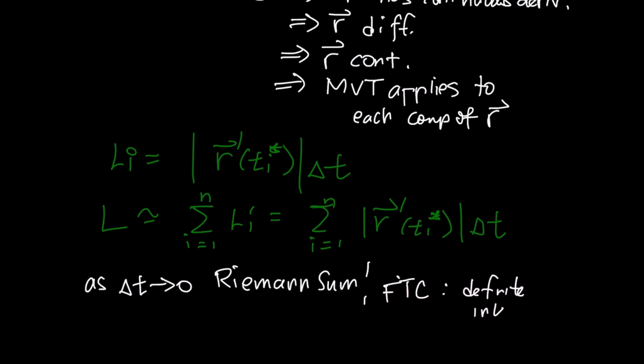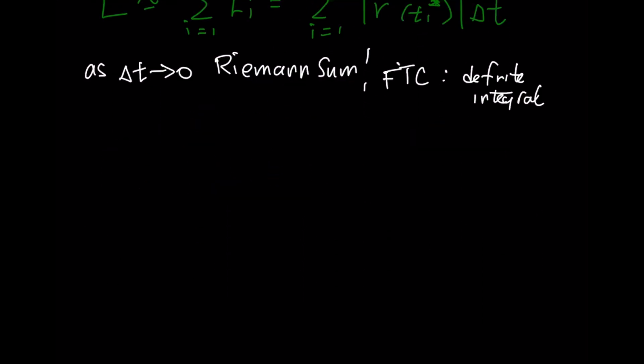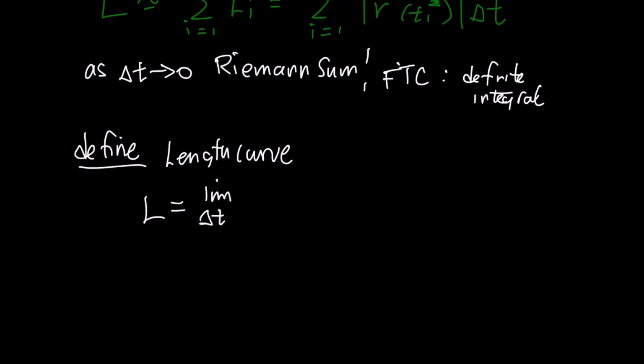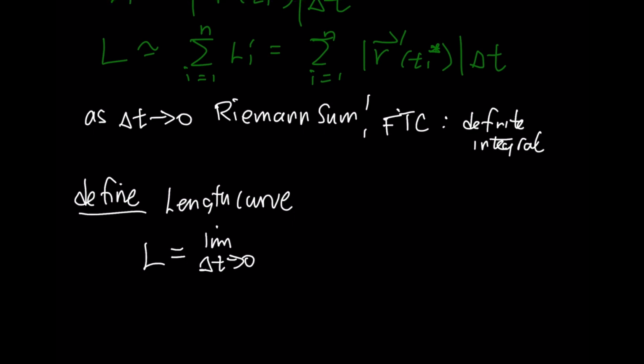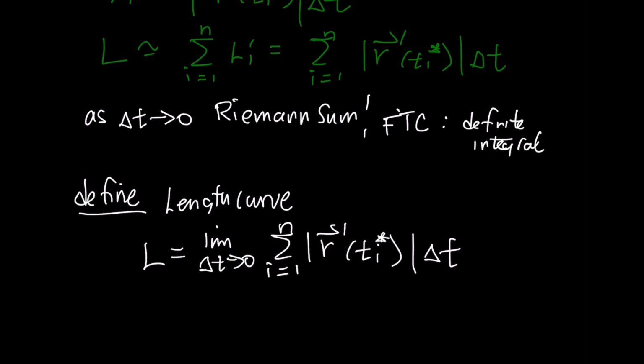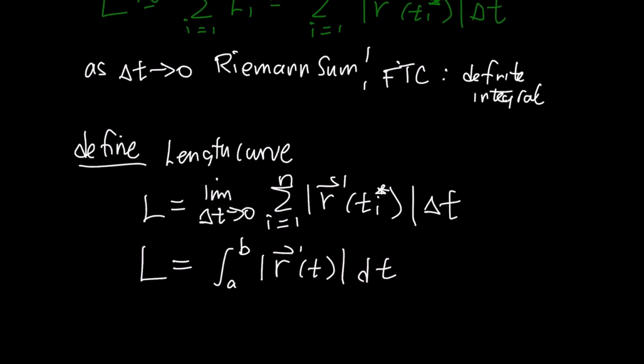And so we will define the length of a curve to be the limit as delta t goes to 0 of the sum I equals 1 to n, the derivative of the length, delta t, we know turns into an integral. And it's going to be an integral of the length of r prime of t dt.